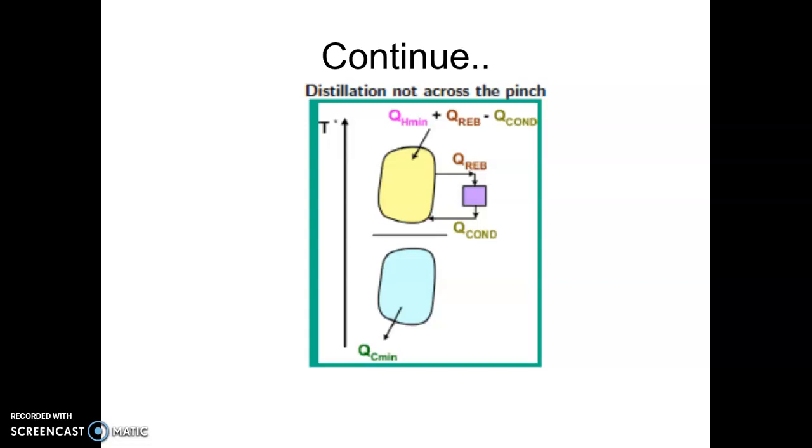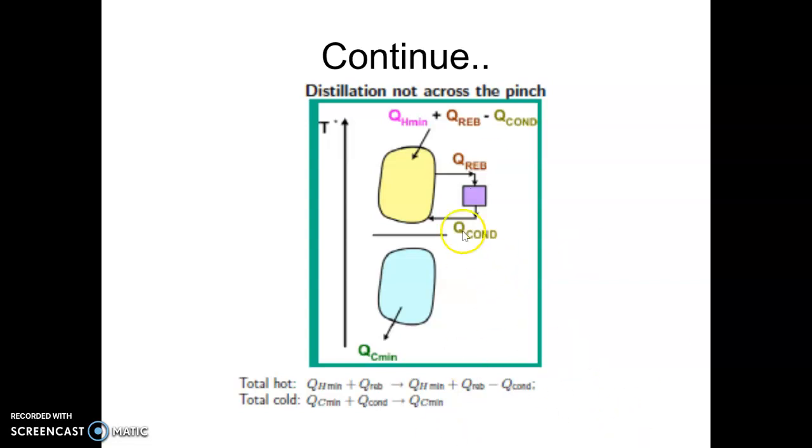Without integration, the total is QH minimum plus Q reboiler, which was earlier the case. Now it is QH minimum plus Q reboiler minus Q condenser. So my entire distillation column is served from the process itself, and there is no addition of energy, right?